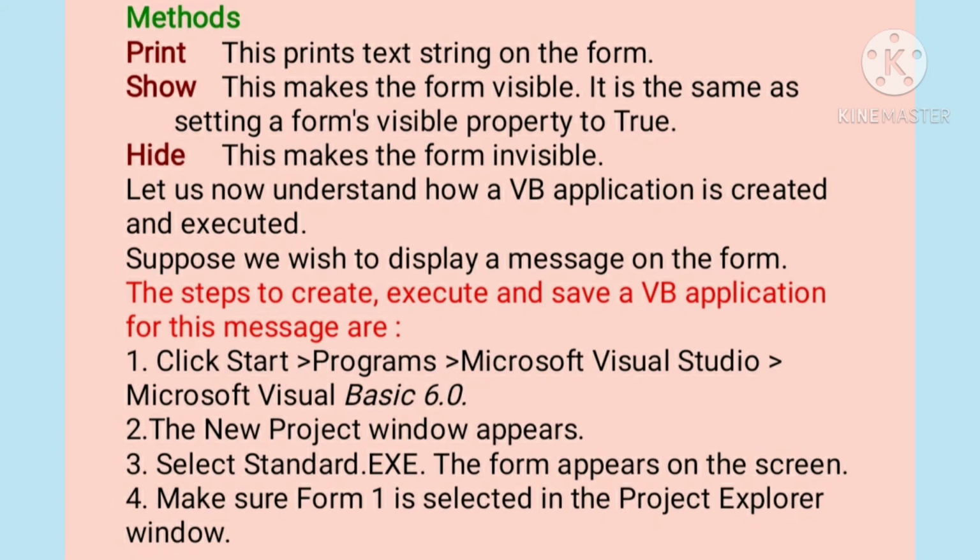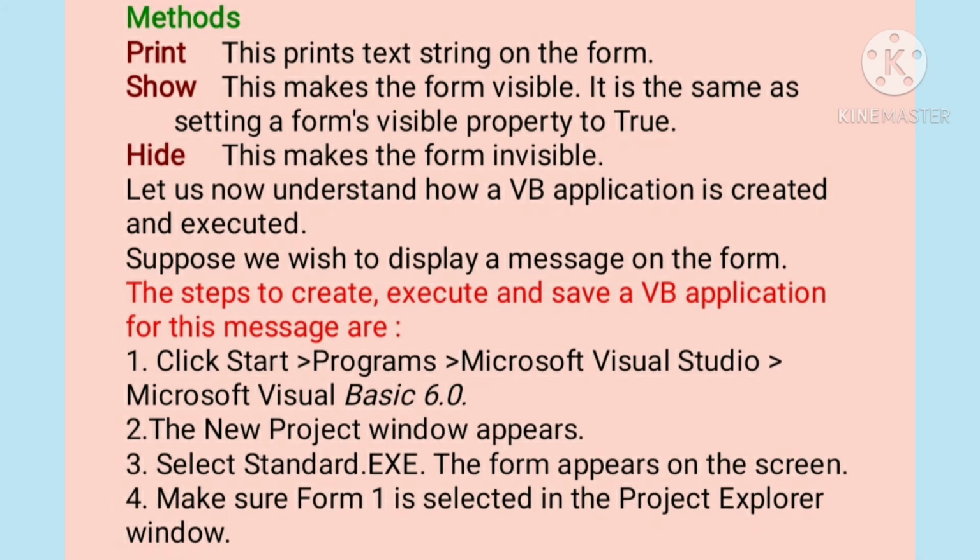Print: this prints the text string on the form. Show: this makes the form visible. It is the same as setting a form's visible property to true. Hide: this makes the form invisible.